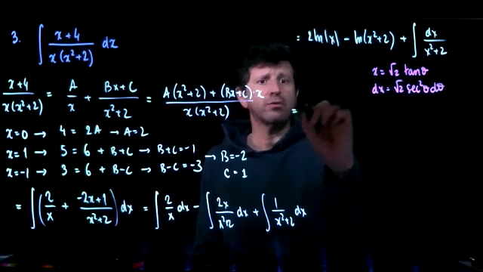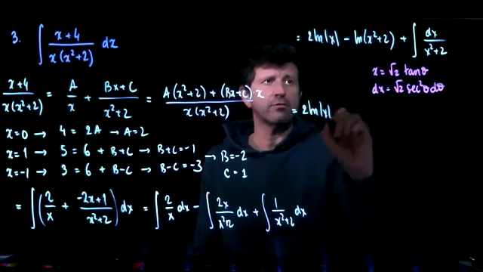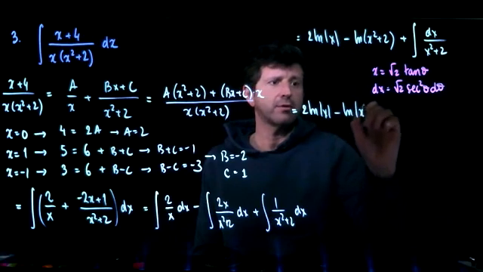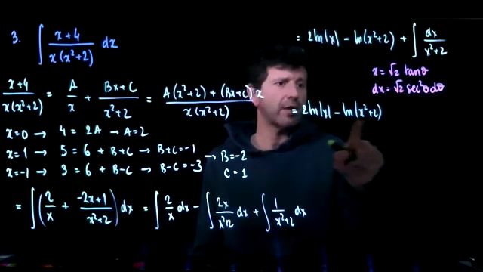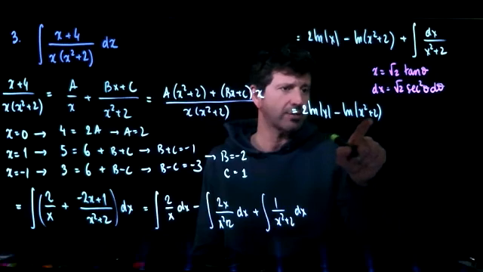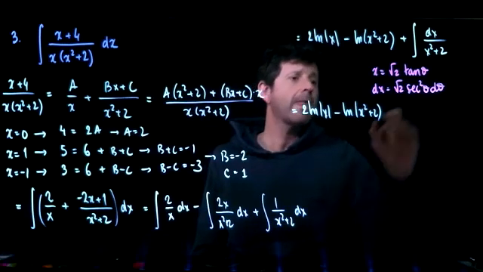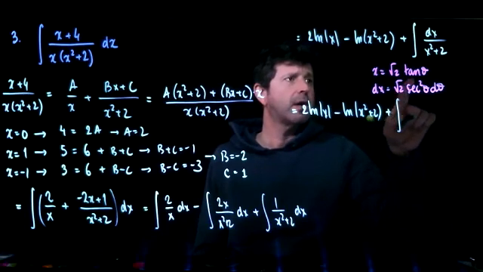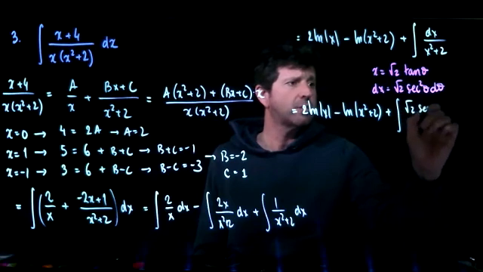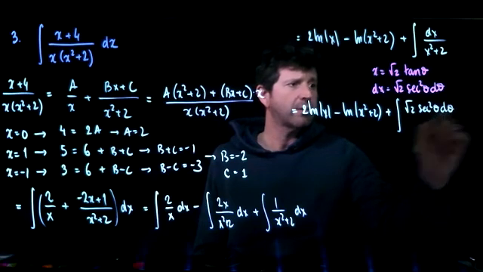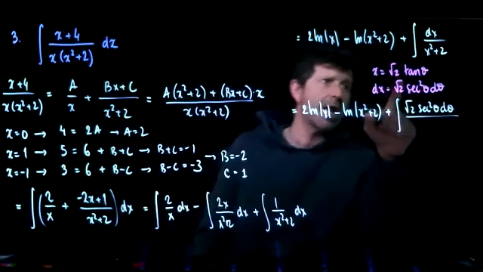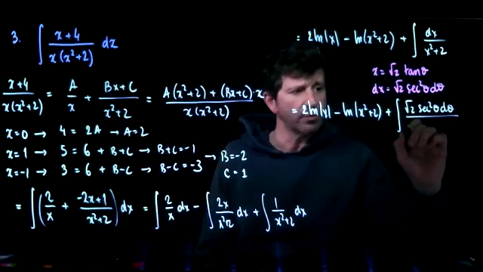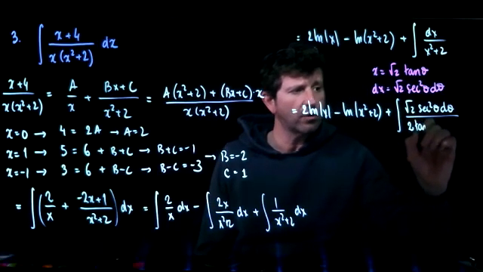So it's equal to 2 ln absolute value of x minus ln (x² plus 2). Notice that I don't put an absolute value here because x² plus 2 is definitely positive. Plus the integral of, on top I have dx, which is root 2 secant squared theta d theta, and on the bottom I will have x² plus 2, which will be 2 tan squared theta plus 2.